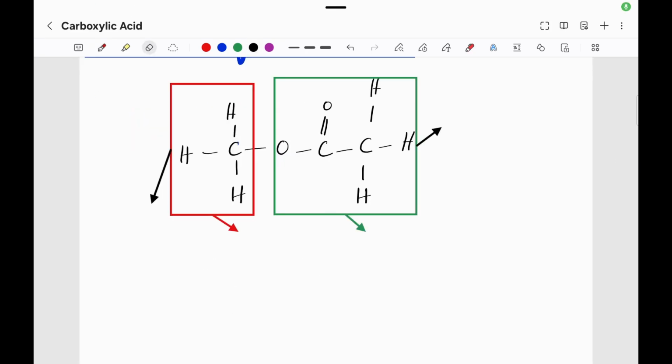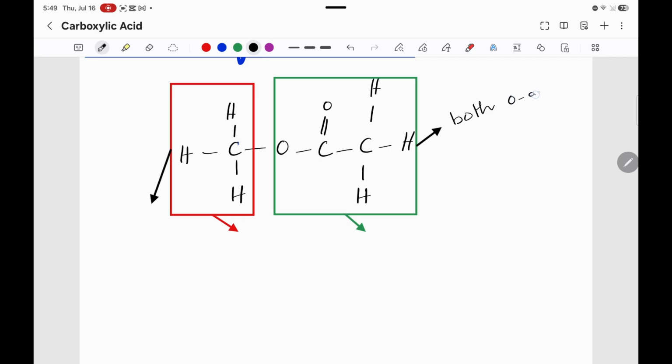So I'm just dividing this ester into two parts. The green part is basically divided in such a way that both oxygen atoms are in the same part. So here I have divided the whole structure into two parts.